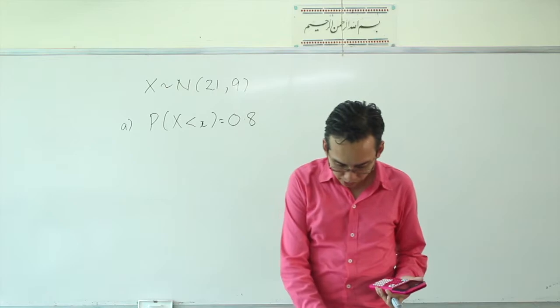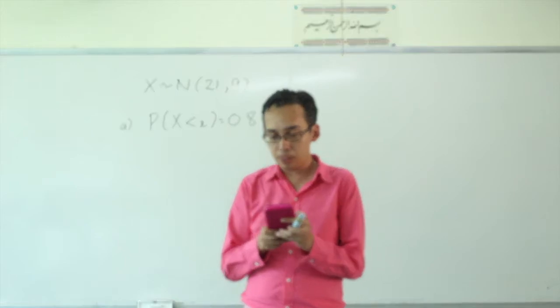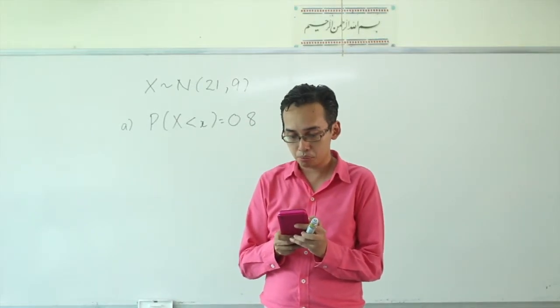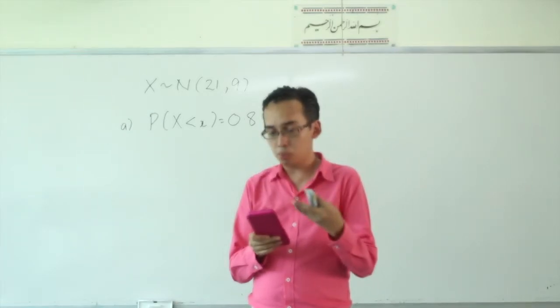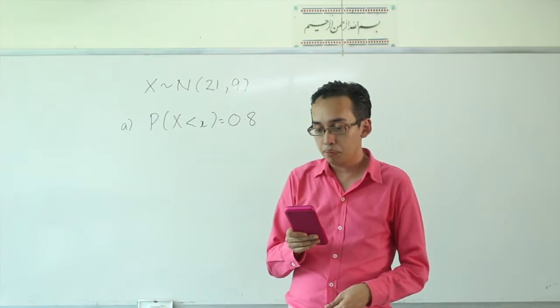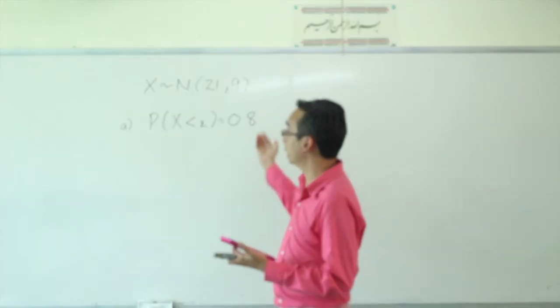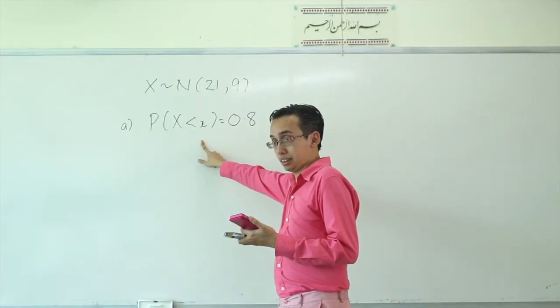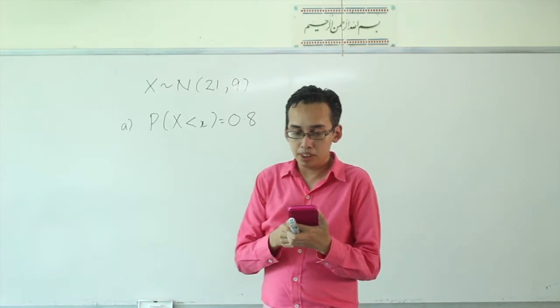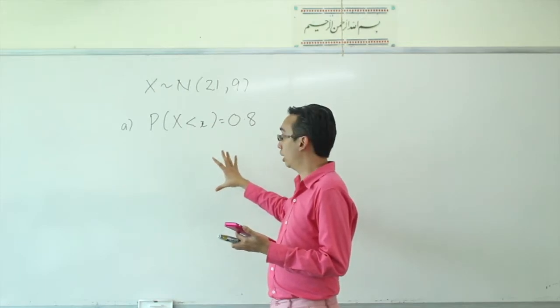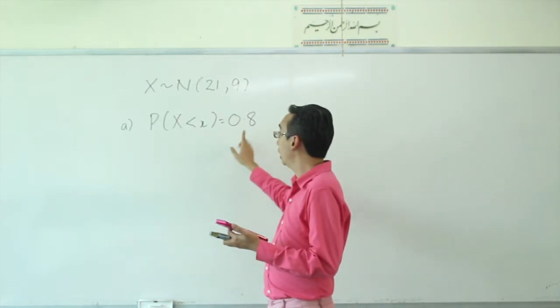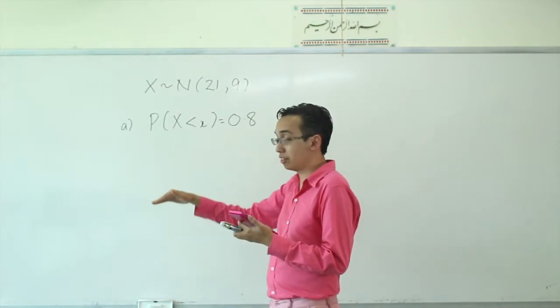For the first one, in the book they just say the answer is 23.5. So how do you do that? Press second, vars. Again, you will arrive at those normal distribution functions, but for this case, you need to do inverse norm. Inverse norm is calculating the inverse, calculating the x. The area in the probability density function is defined by the probability, so if probability is 0.8, that means the area under the graph is 0.8.